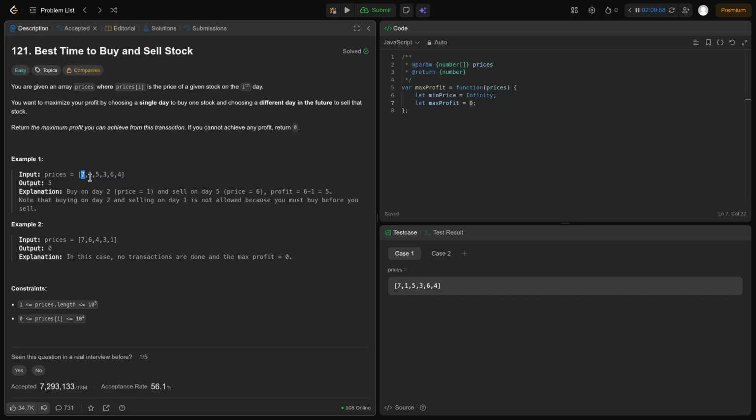So we have to think of a value which will always be greater than the first value of the array. It can be a lakh, it can be anything. So infinity will always be greater than any given number. That's why I have assigned infinity to minimum price.